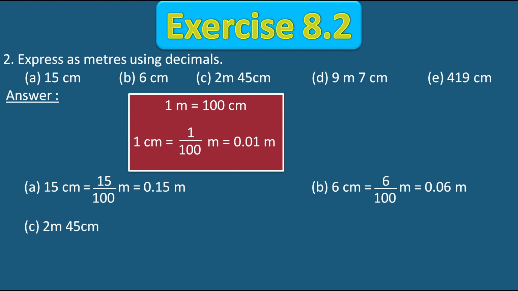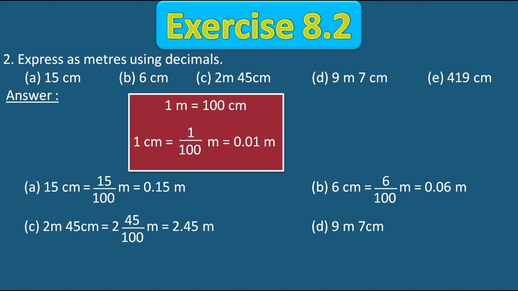So 2 meter is a whole number here, which we can write with 45 upon 100 meter. So while writing in the decimals, we have to keep this 2 in the place of whole number. So 2.45 meter.